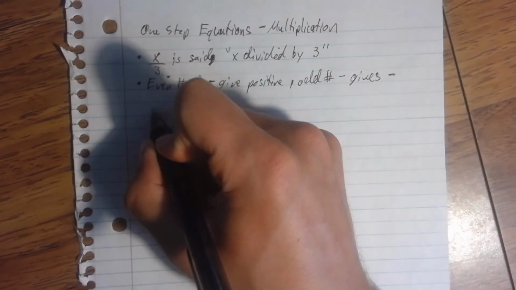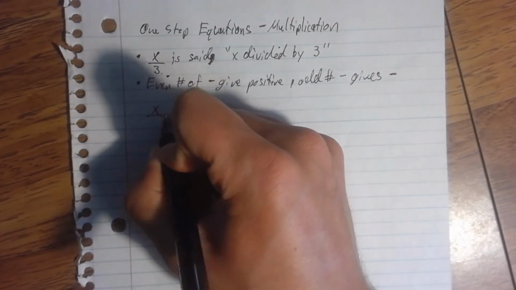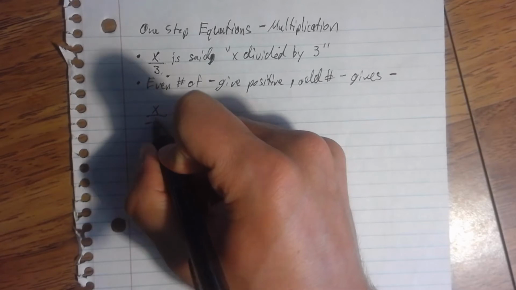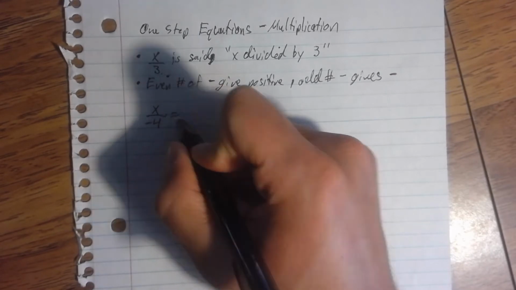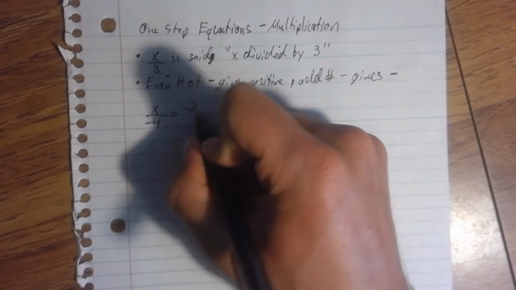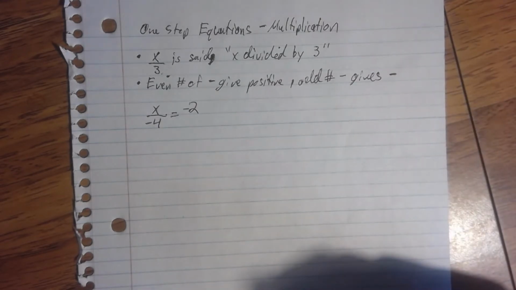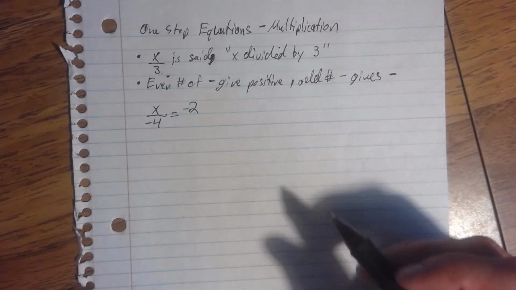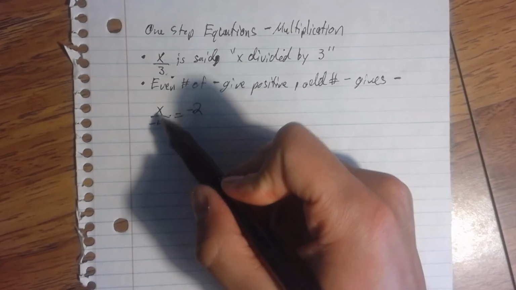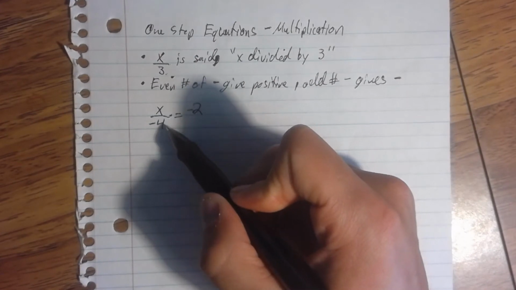So we have x divided by negative 4 equals negative 2. So we are going to solve this. We look and we have an x divided by negative 4.